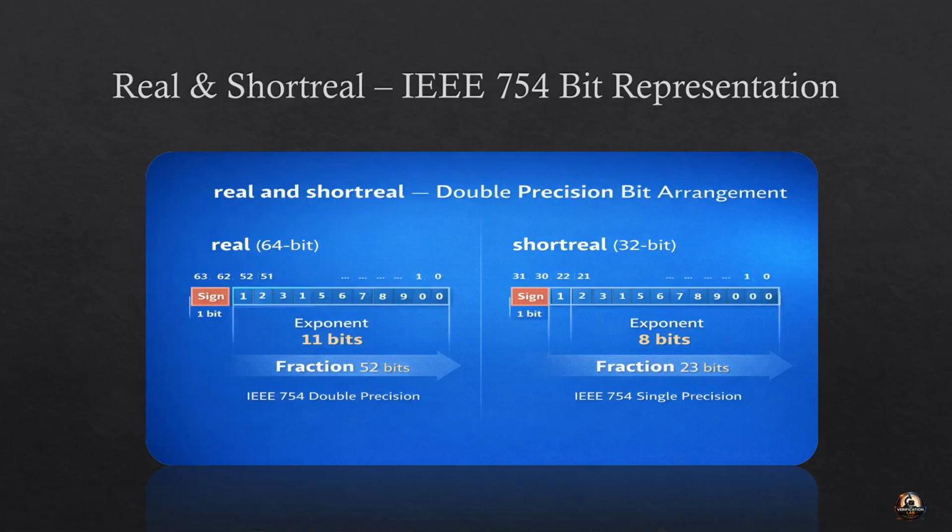Then we have 11 bits for exponent and the rest 52 bits for fraction for IEEE 754 double precision. Similarly, if it is shortreal, we have single precision. For single precision, the MSB of the 32 bits is for sign, 8 bits for exponent, and 23 bits for fraction.